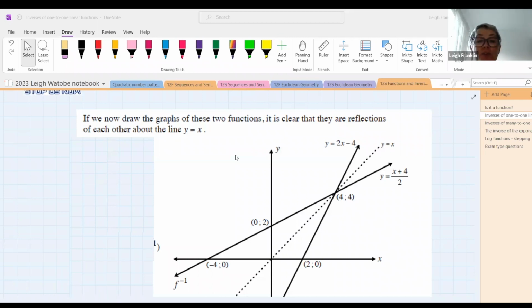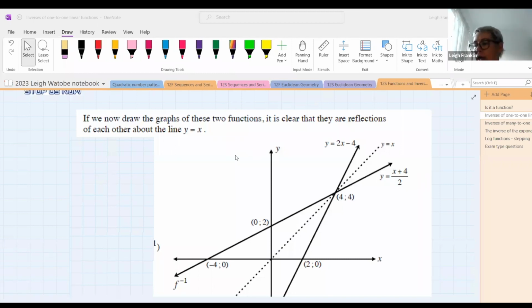Okay, so if you have a look, you've got the gradient, all right? But if you have a look at some of the other things that people are saying, so one is saying the coordinates, Amina is saying the x and y intercepts, and they are both correct. Okay, absolutely. Also the intercepts. Yanela, the intercepts. Absolutely. Okay, so literally what you need is any 2 points on the graph.